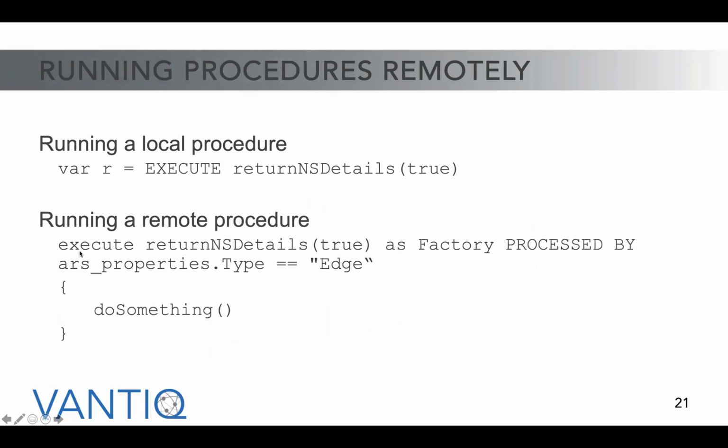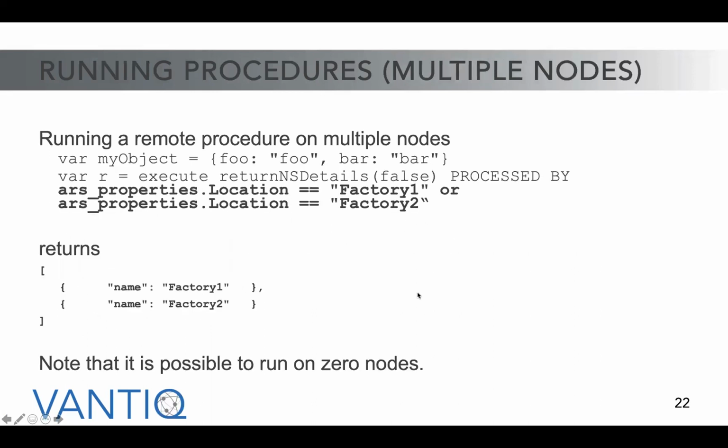So for example, you can locally put an execute, return NS details true as factory, process by, and then the name of the properties. You can put some other variables. For example, if process by our properties location equals factory or equals factory 2, and then it returns the names that you have.